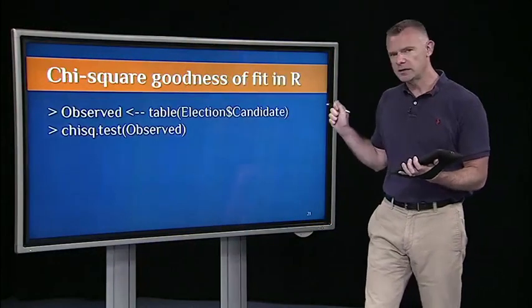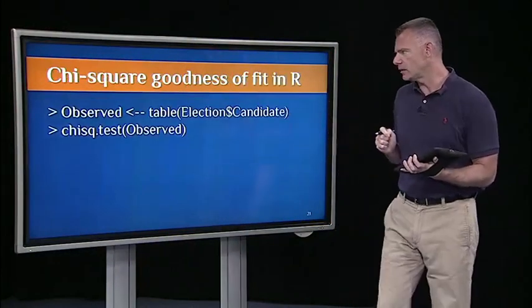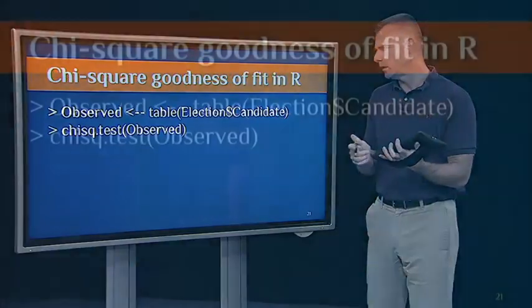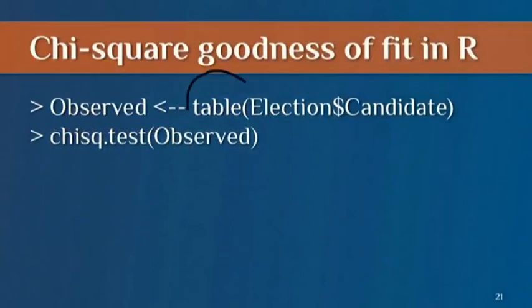In order to do this in R, to get the chi-square tests, we have to put those results into a table. And the way to do that is through the table function. So my data frame was called election, and what I want to table are the candidate choices.